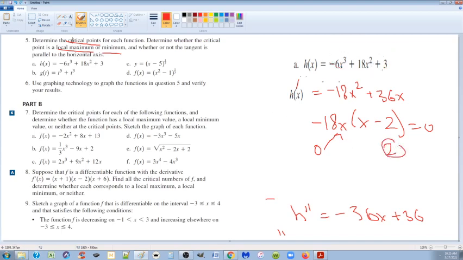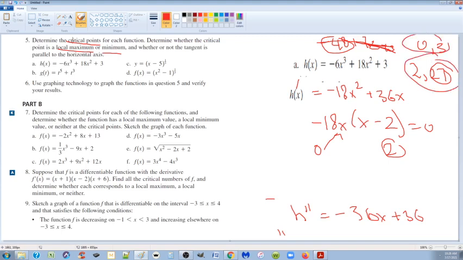Punching 0 into this, I get 3. And 2, I get minus 6 times 8, minus 48, plus 72, plus 3, which becomes 27. Already I could see that that's higher than this. So that's also a way of instantly telling.